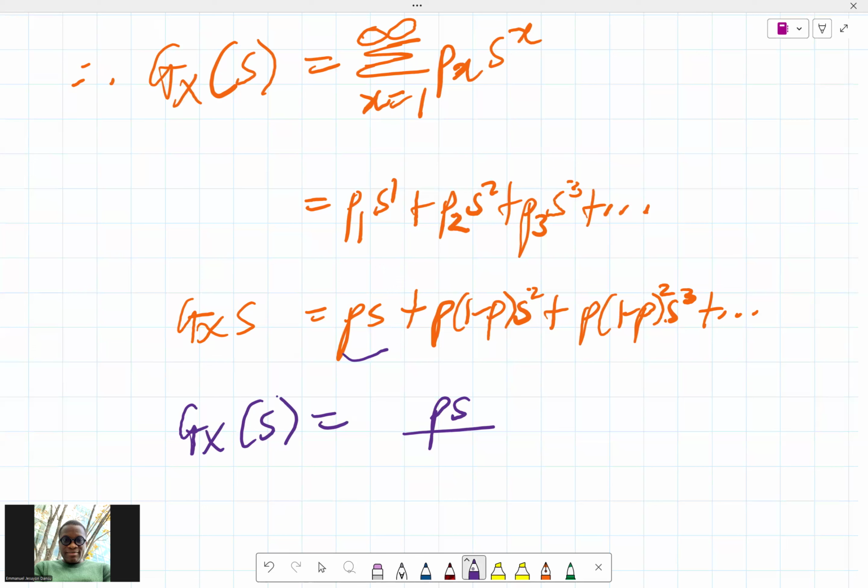The first term is ps, right? And this is all over 1 minus the common ratio, 1 minus ps. Yes, that's how that goes.